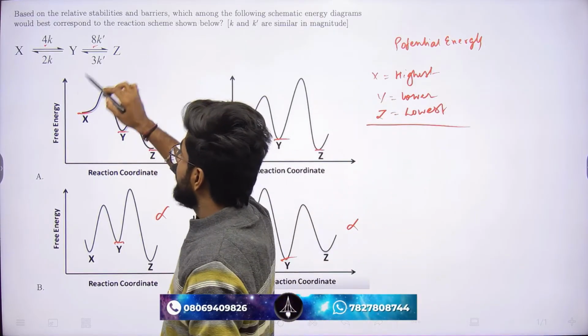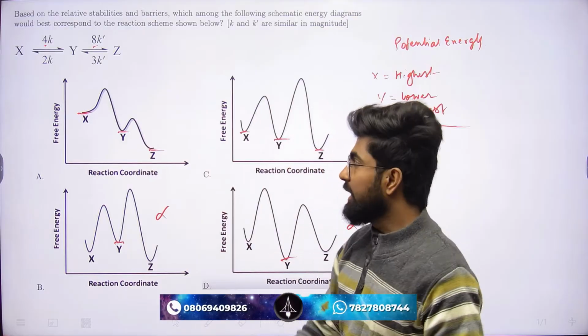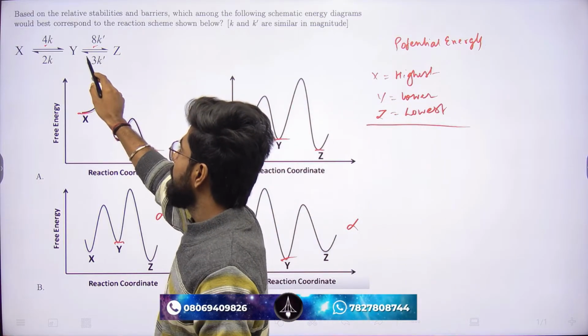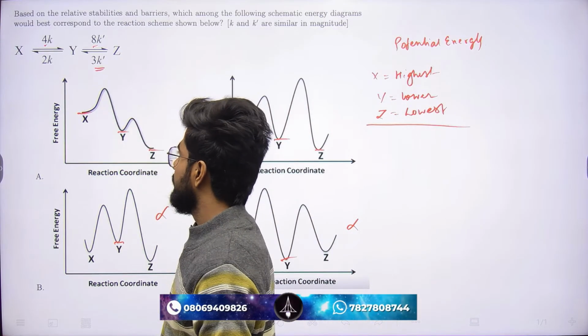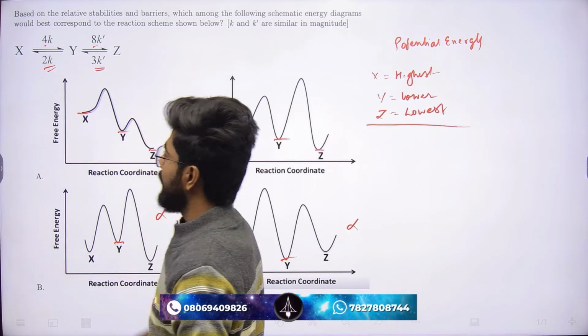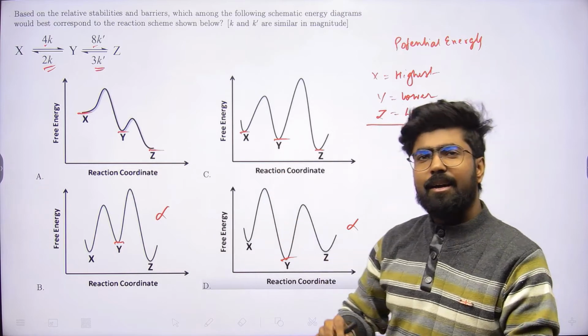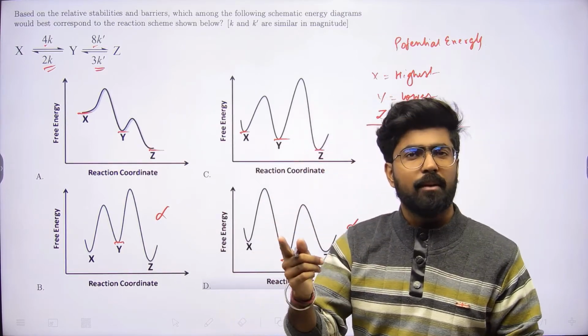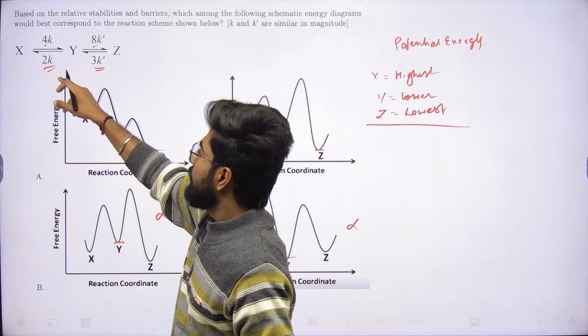Now we will go backwards. So see, Z to Y, the backward reaction is 3 times the K, right? And Y to X is basically 2 times. Or even, I am just about to tell you a way simpler approach than this. You need not even go backwards.